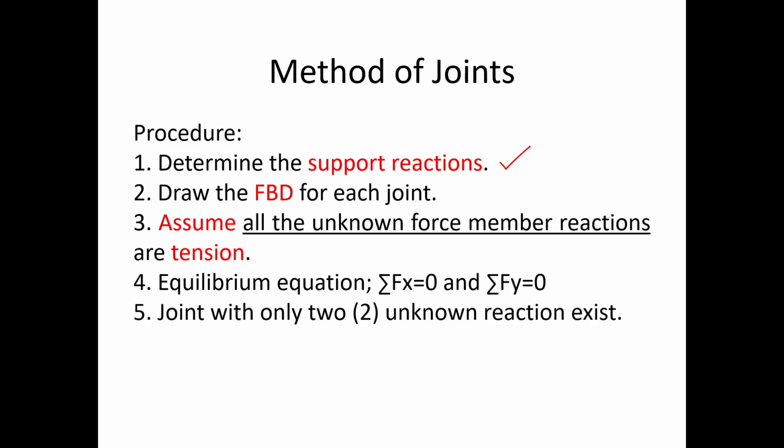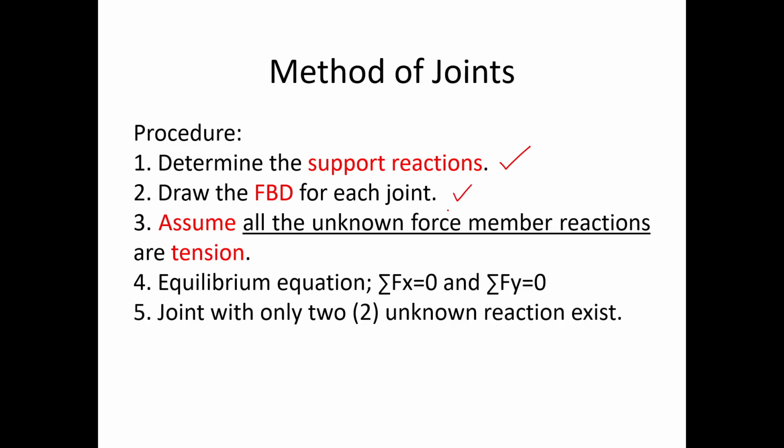Next, we need to draw the FBD for each joint. You start with the joint having at least two unknowns. If there's a joint having one unknown, it's better. So draw the FBD of each joint.